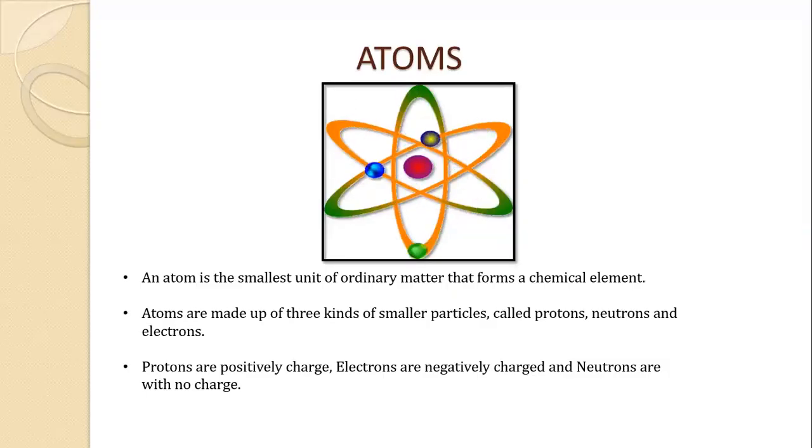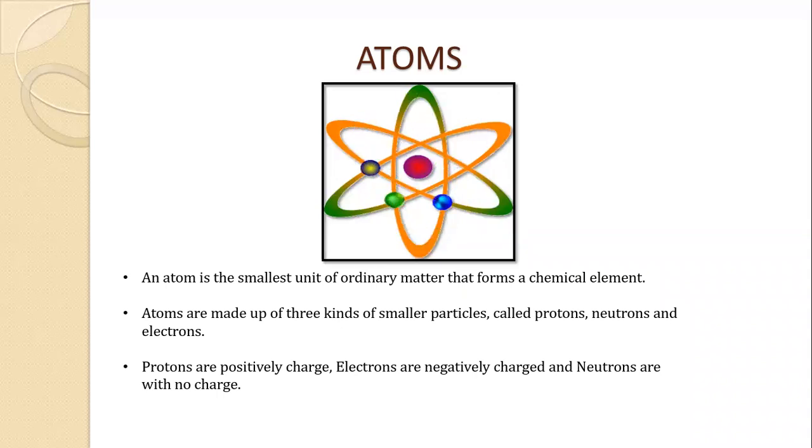As we all know, an atom is made up of three subatomic particles, namely protons, electrons, and neutrons. Now, students, protons are positively charged. P for proton, P for positive.